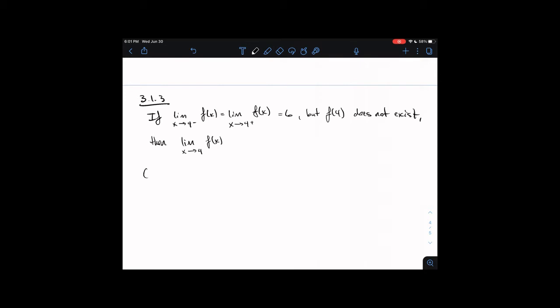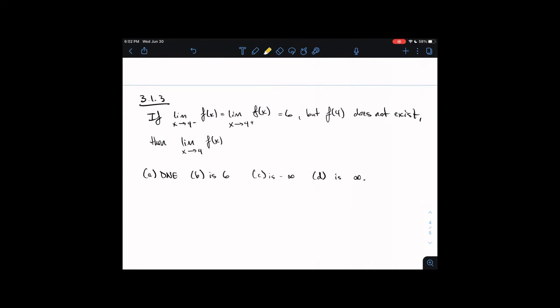And then the options are A, does not exist, B is 6, C is negative infinity, D is infinity. Okay, so the punchline here is I'm not going to do the work first, because this question doesn't really involve any work.